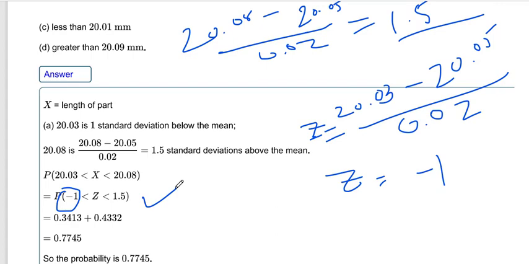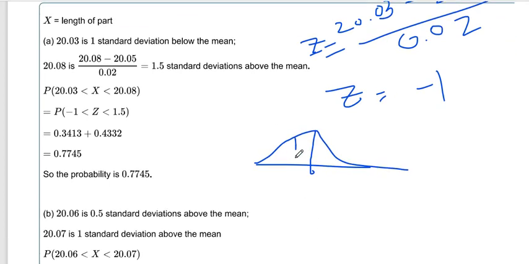Now we already know how to find this probability. First of all draw the curve, so you do not get confused. Here we have 0, here we have minus 1, and here we have 1.5. This is the whole area we have to calculate.